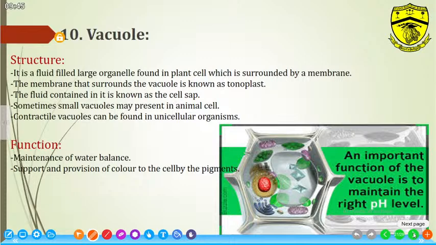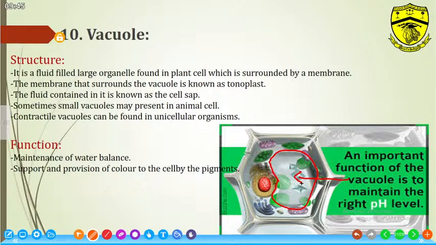Next one, the vacuole. In a plant cell, the major part is the vacuole.